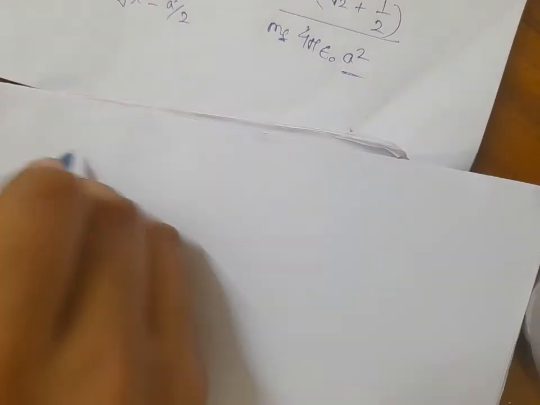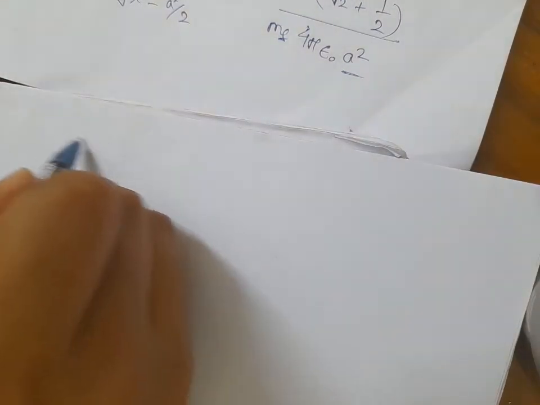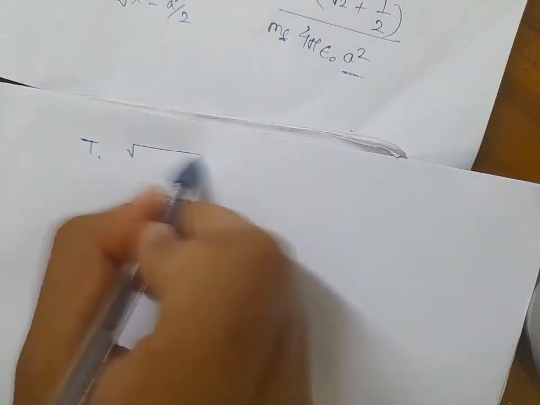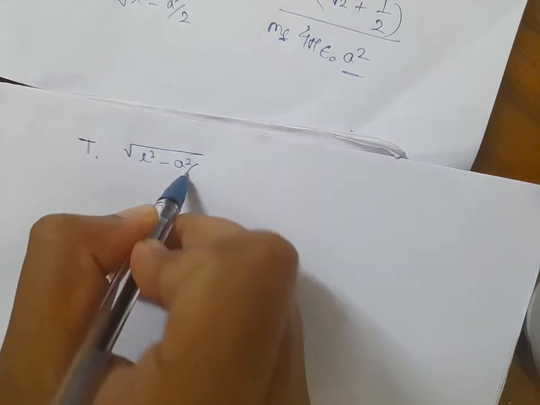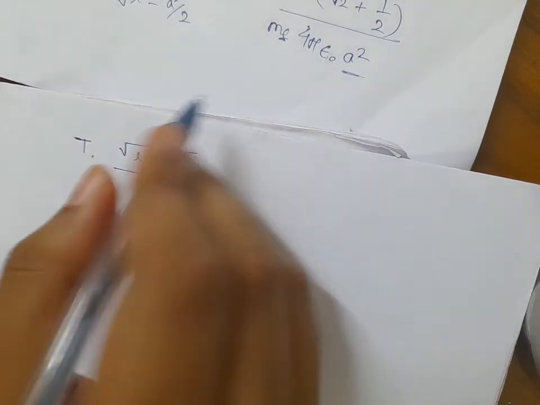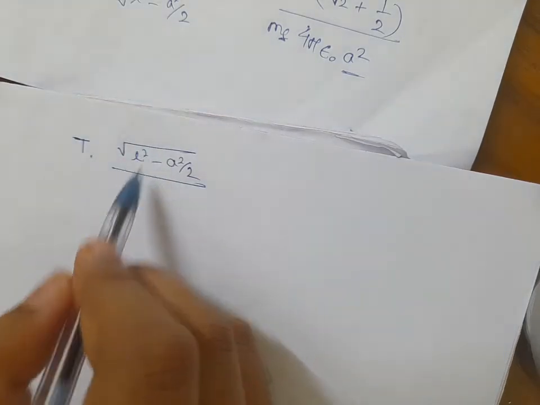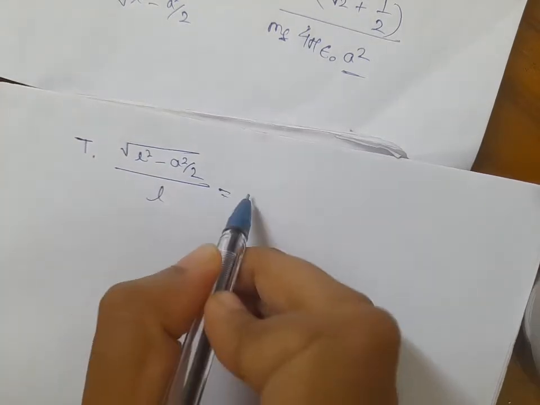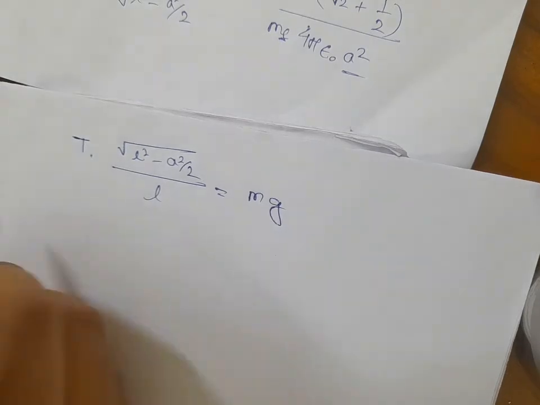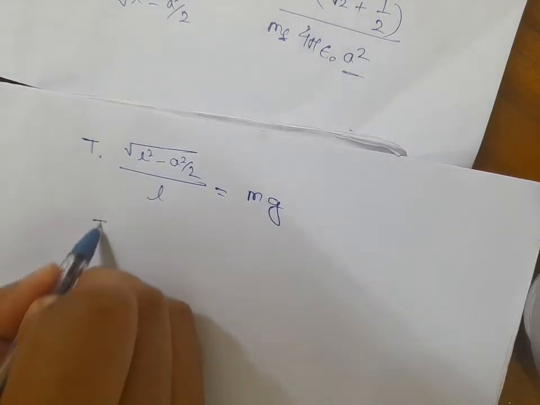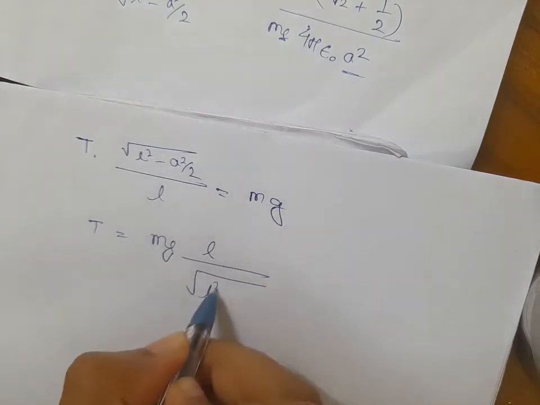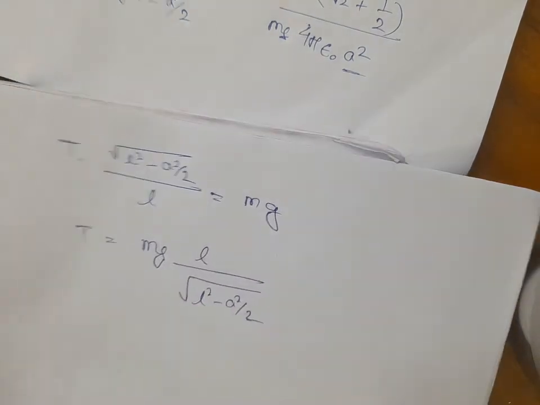Okay. If you write it this way, T into cos theta. Cos theta is base by hypotenuse, so root of L squared minus A squared by 2 divided by L equals mg.